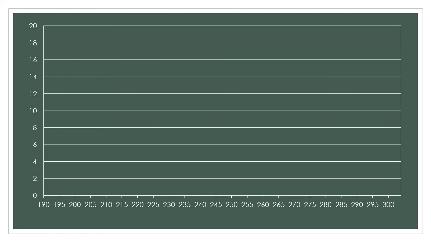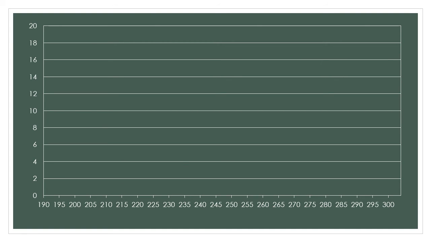On the x-axis, I am taking values in the multiple of 5 here. So 190, 195, 200 up to 300, because checking out the data at the end will be easier for calculating the mode. If you want, you can take this data in multiples of 10 also, 190, 200, 210, depending on the size of your graph paper.